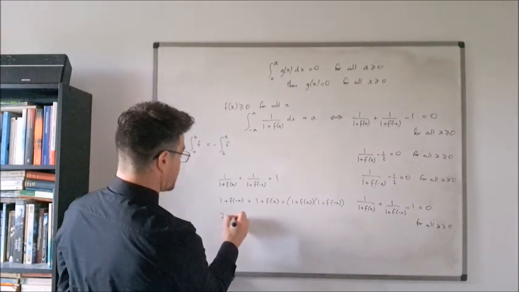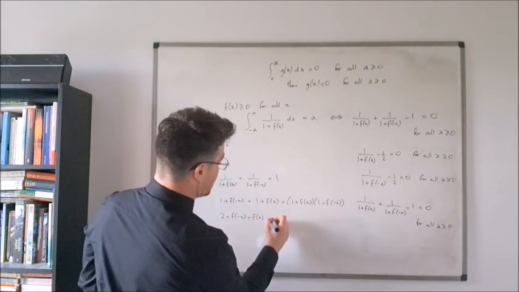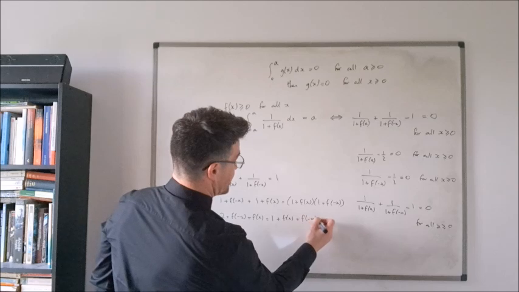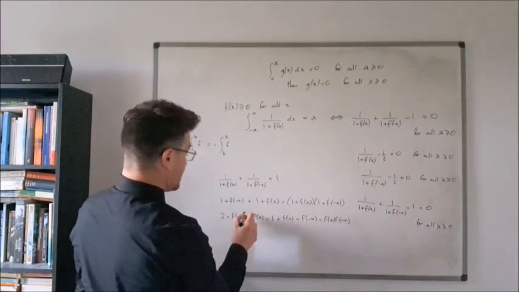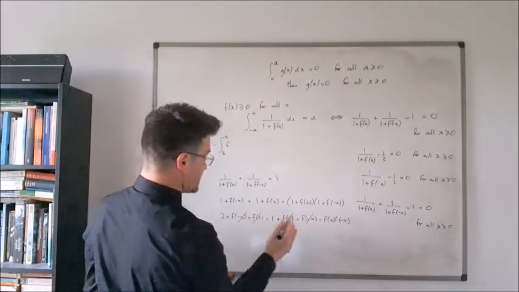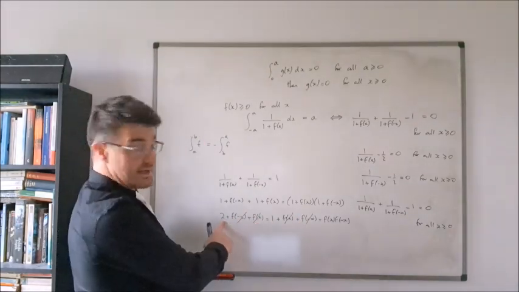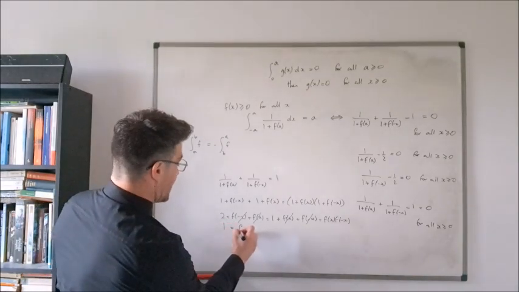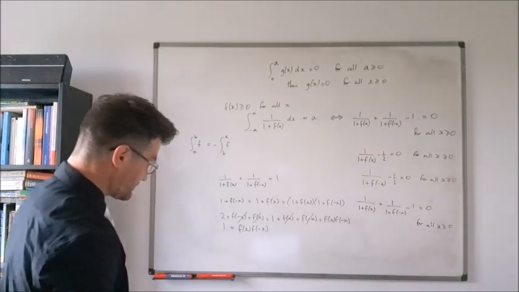So we get 2 plus f of minus x plus f of x is equal to, expand out these brackets, 1 plus f of x plus f of minus x plus f of x, f of minus x. Cancel, cancel, cancel, cancel. This 1 here is going to cancel with, we've got 2 here, so we're just going to end up with 1 equals f of x, f of minus x.